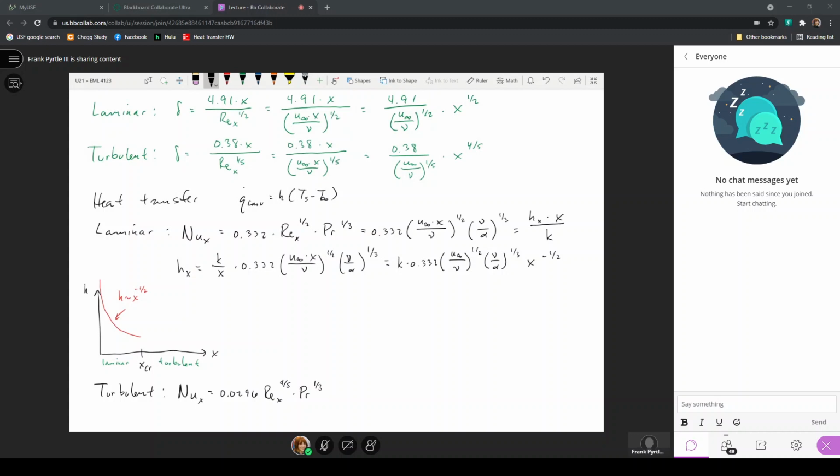So a slightly different expression. And for most external flow correlations, you're going to see an expression of a constant times the Reynolds number raised to a power times the Prandtl number raised to a power.